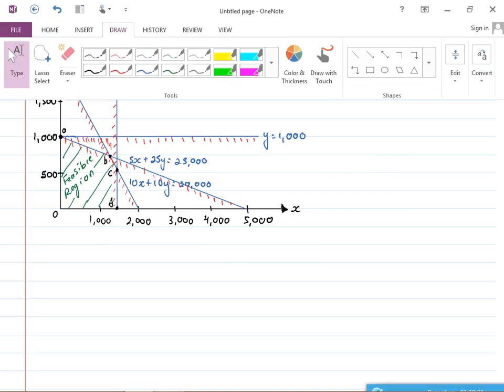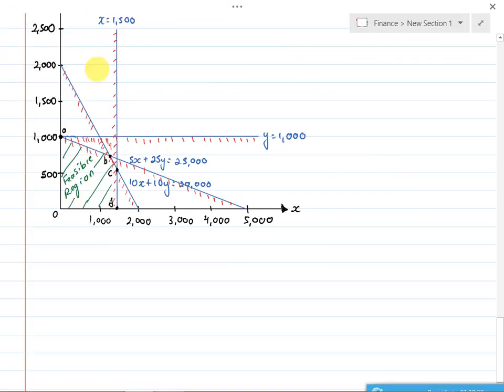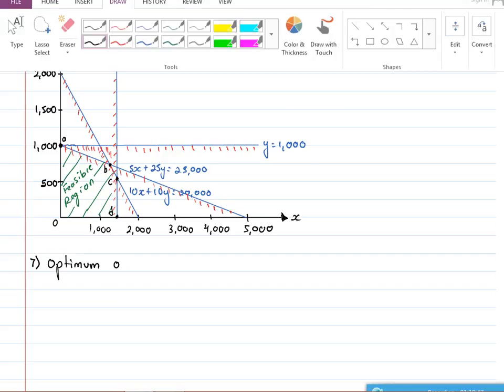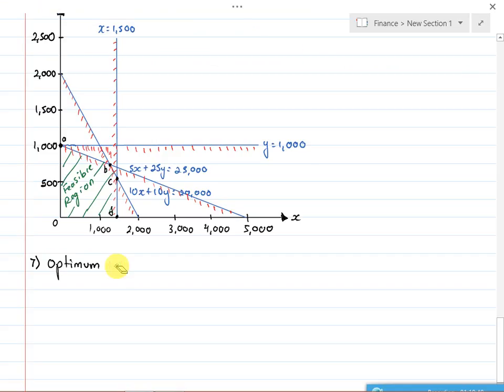Working number 7. Optimum production plan, OPP.